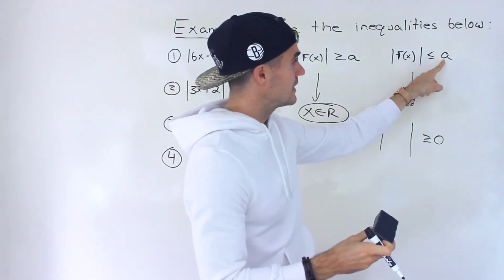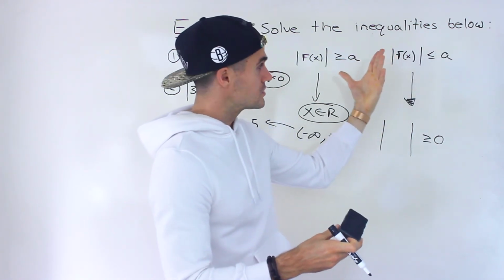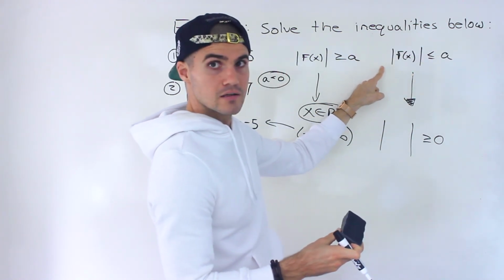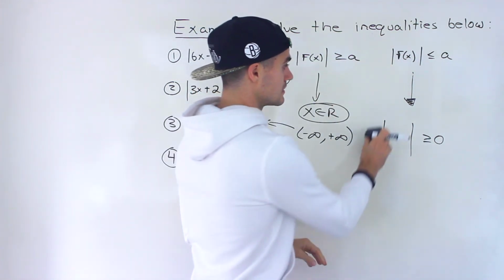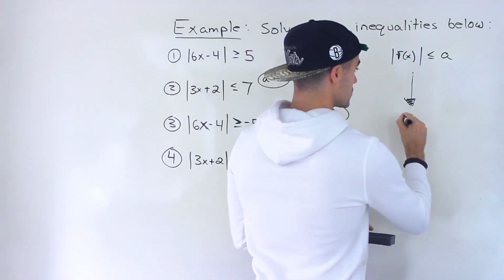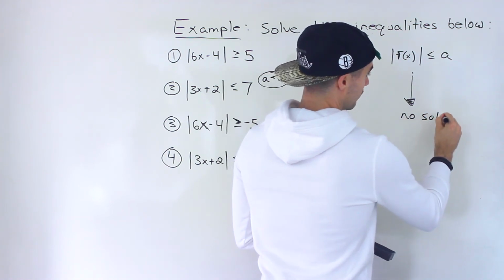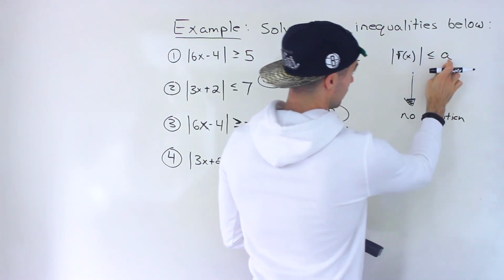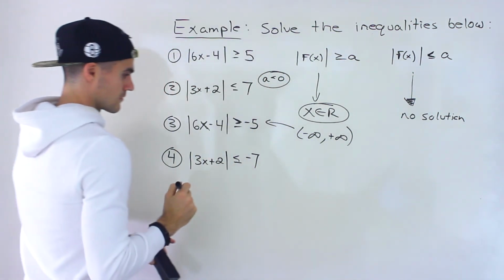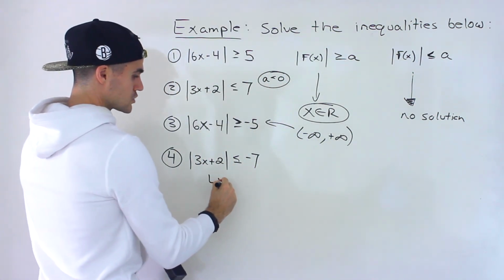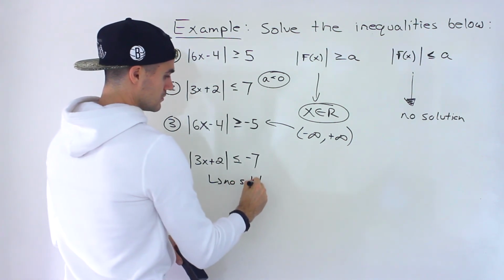And something less than a negative number would be more negative numbers, and it's impossible for that to happen. And so in this specific case, there's actually no solution ever if that a is negative and this is a less than or equal to sign. So the answer to number 4 is that there's no solution.